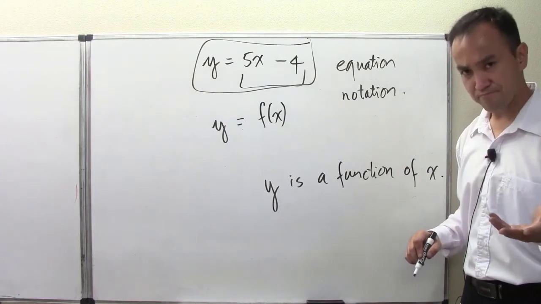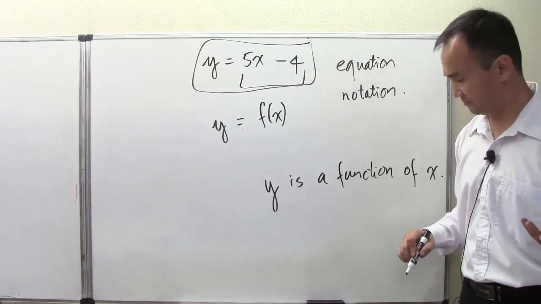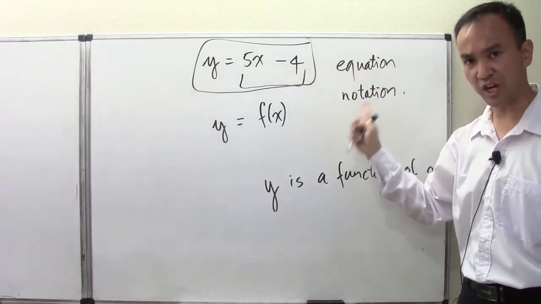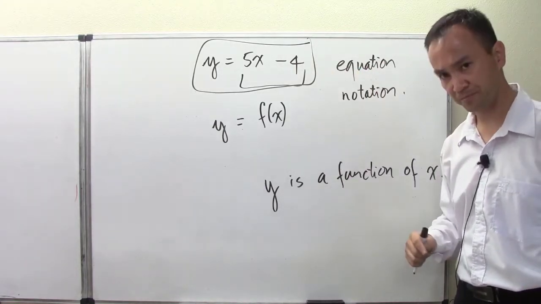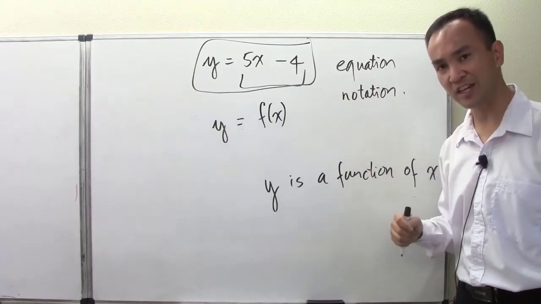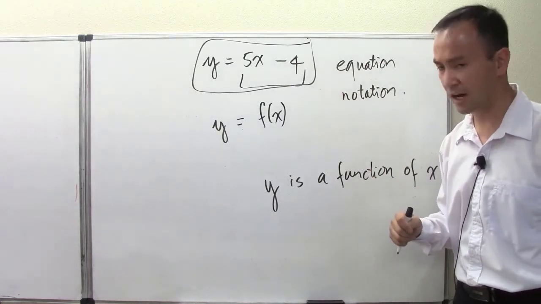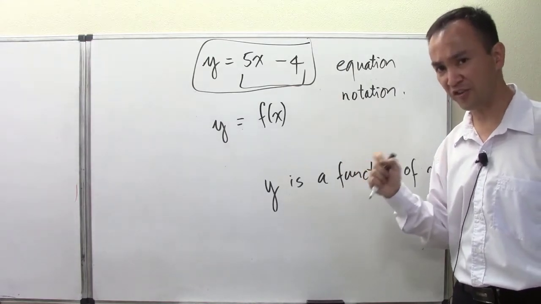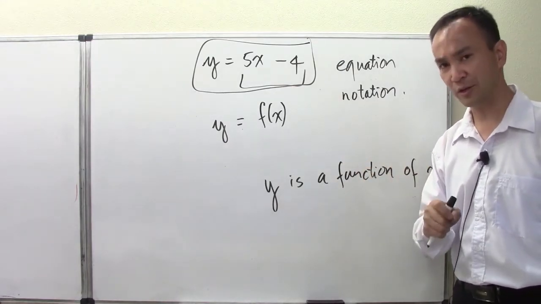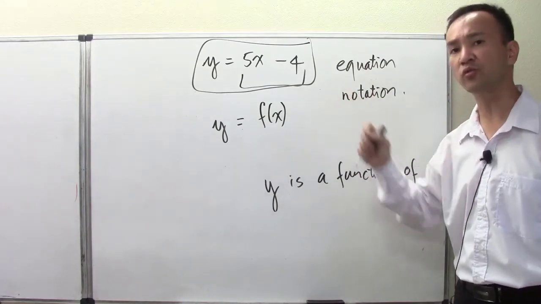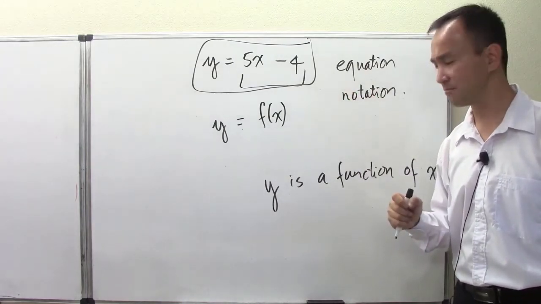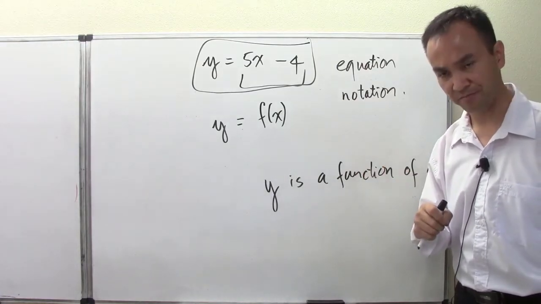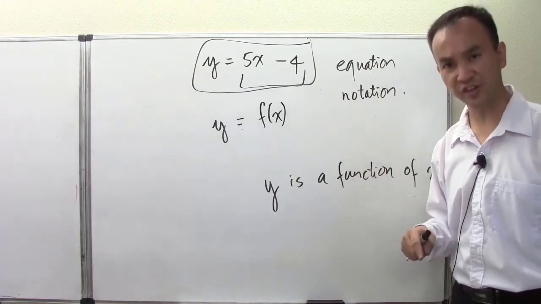I explained in that earlier lecture that a lot of times we use equation notation to write a function. But that's also where it brings us some challenges, because working with a function is not the only place where we write down an equation. As a matter of fact, there are so many equations out there.